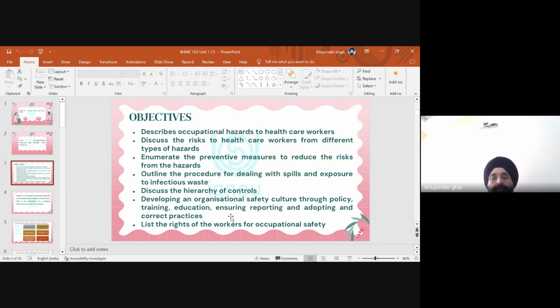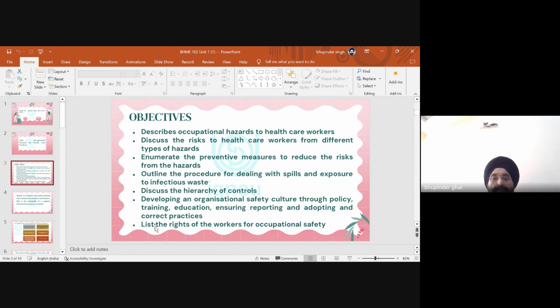That means we need to develop organizational safety, the safety procedure which the organization will follow through its policies, training, and education. Education means workers' education. And also, this policy will ensure reporting of any incident or near miss.